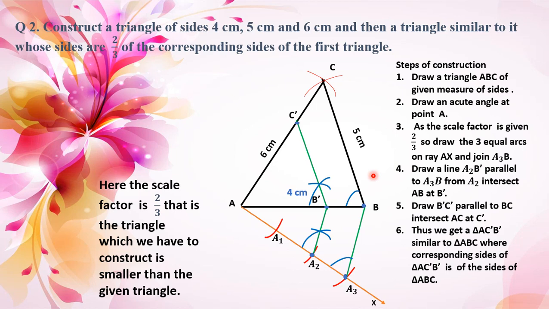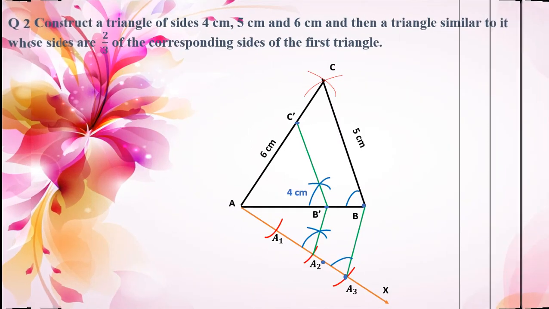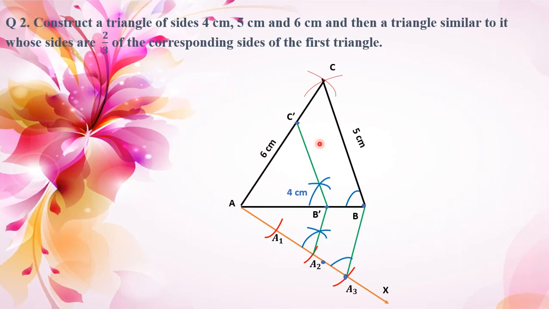Now we have to justify that the corresponding sides are in the ratio 2:3, or we can say the corresponding sides are 2/3 of the given triangle.